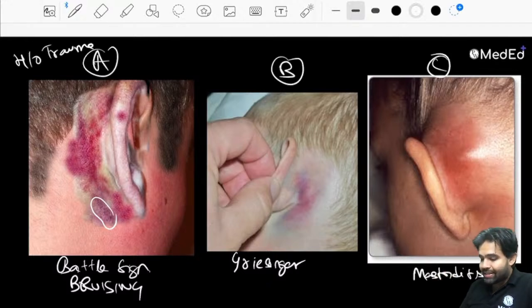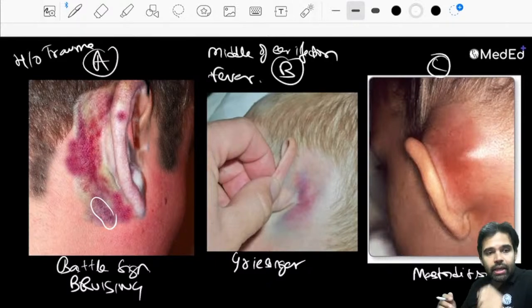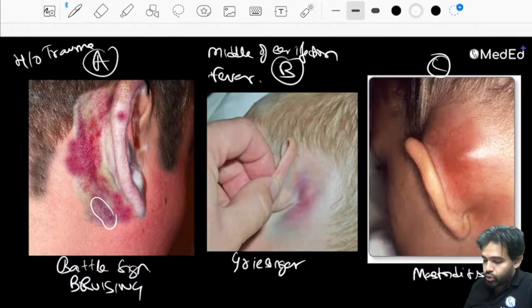But what you see over here, Griesinger, is there will be history of middle ear infection because it's a complication. There's going to be middle ear infection, and there will be history of fever because this is lateral sinus thrombophlebitis, and that lateral sinus thrombophlebitis starts causing this bluish discoloration. You don't see any bruising over here.